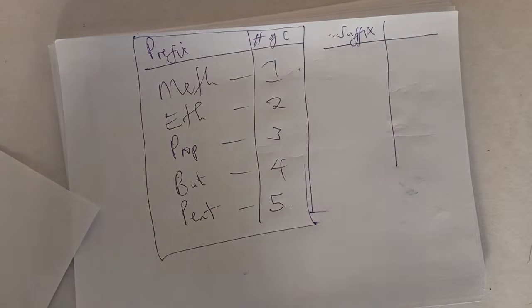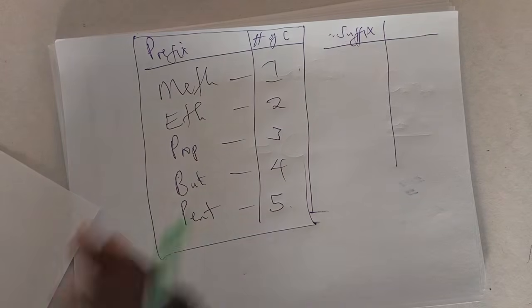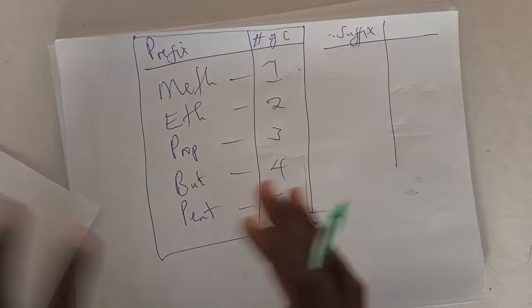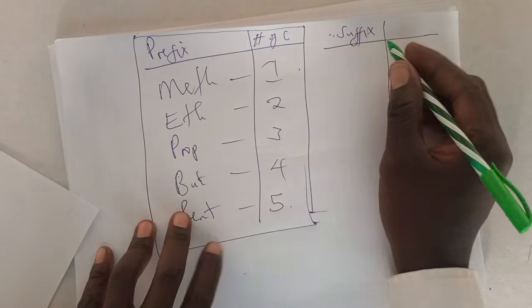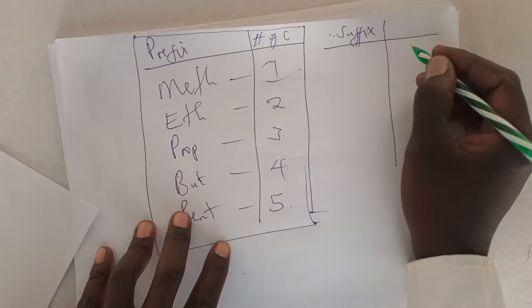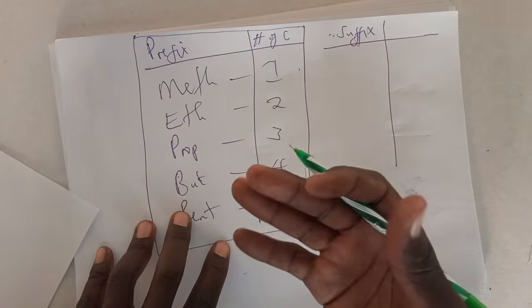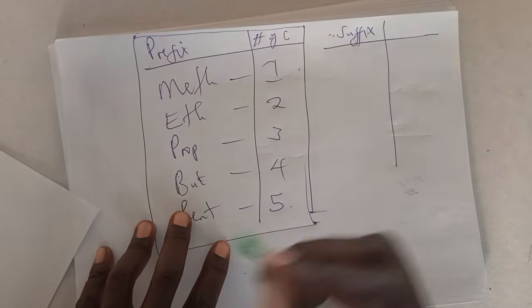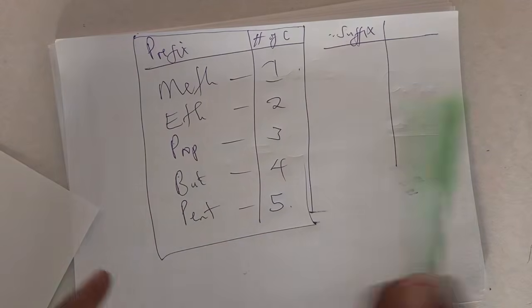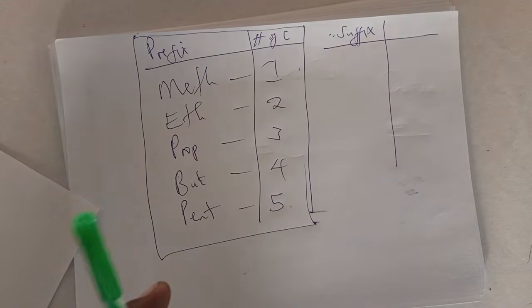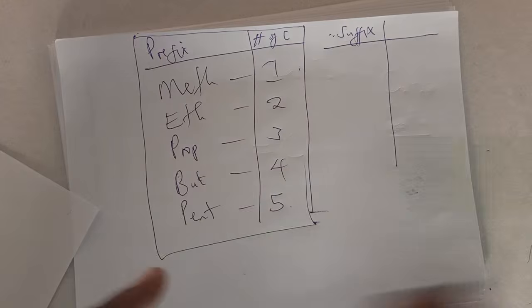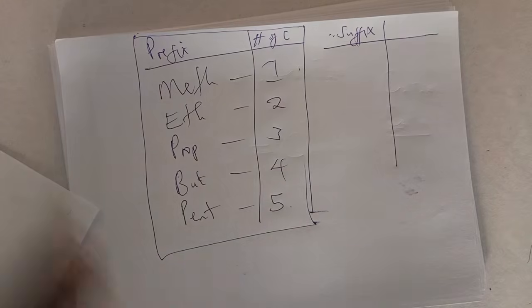Mother can be motherboard, motherhood, and all those things. So the word mother is a prefix. And the suffix is the ending of the word. For example, ment. You can put it on entertain, entertainment, moment, and so on and so forth.